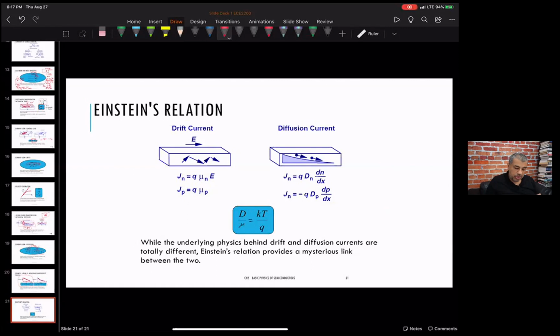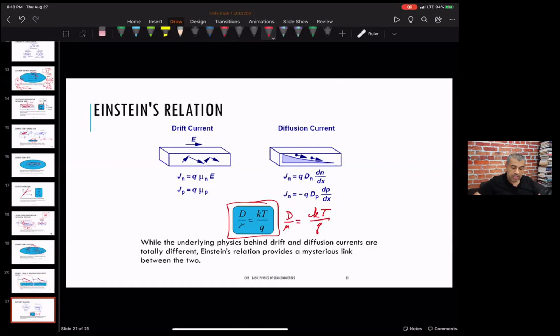the diffusion constant, D, is related to mobility with this proportionality factor. Maybe it's a message for humanity, I don't know, which is the Boltzmann constant times temperature over the charge of an electron. So D over mu is one of the few equations that I remember.